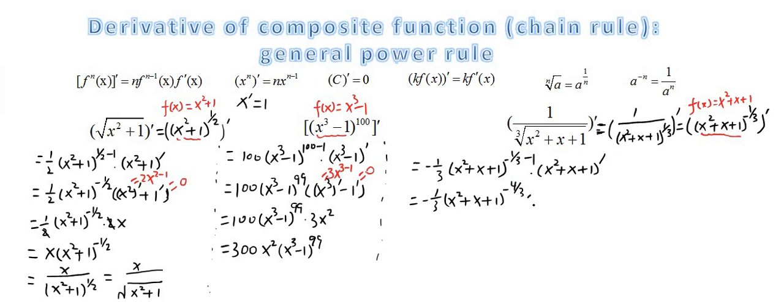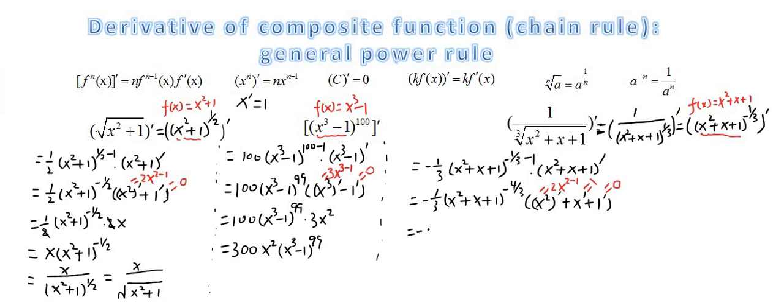Let's take a look at each function. The first function, we can apply the power rule. It should be 2x to the power 2 minus 1. The second one, again, the special case: the derivative of x equals 1. And the last function, we can apply the constant rule. It should be 0.